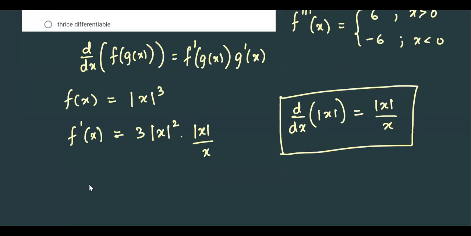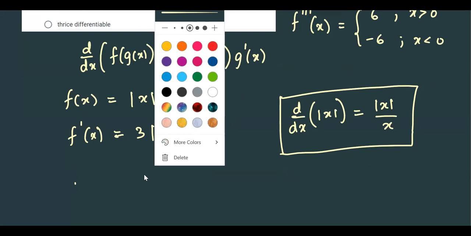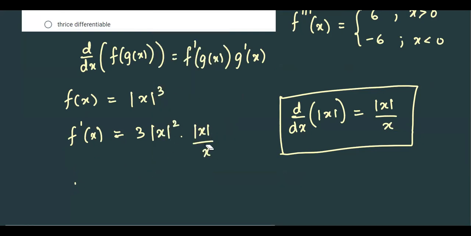Or x by mod x. Second derivative also you can take this way, and third derivative also you can take it this way. I will write within the bracket plus or minus 1: plus 1 for x positive, minus 1 for x negative.